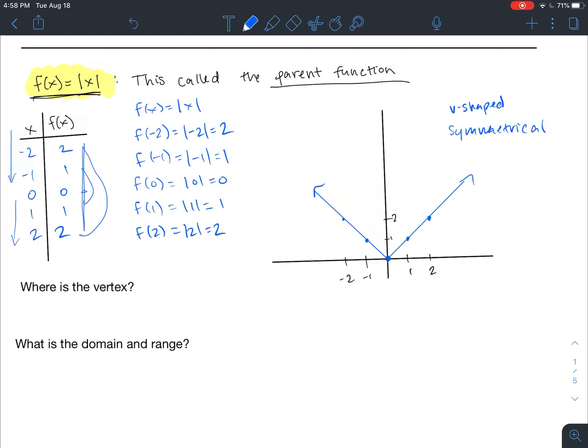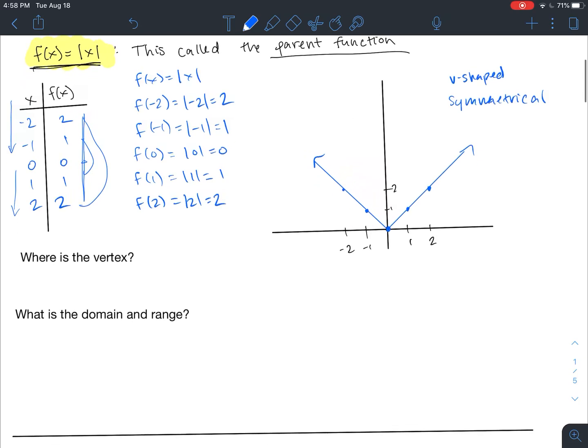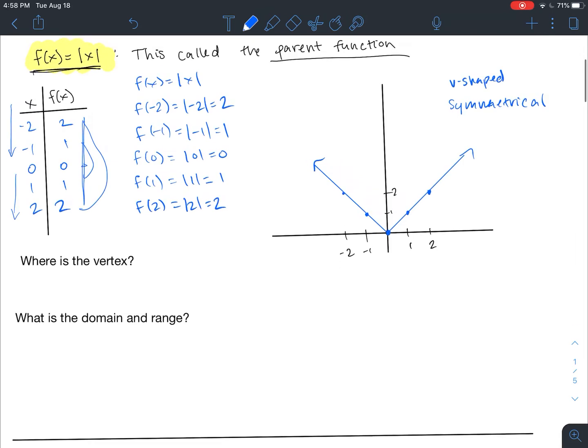Alright, so that's what it looks like. One other characteristic I want you to know is right here, the point where they meet together, where this line of symmetry is. That is called the vertex. And the vertex occurs at a certain point.